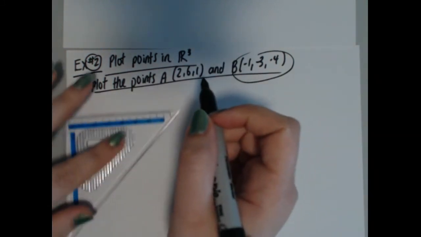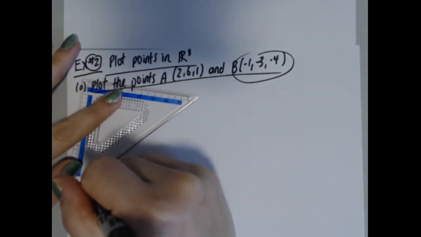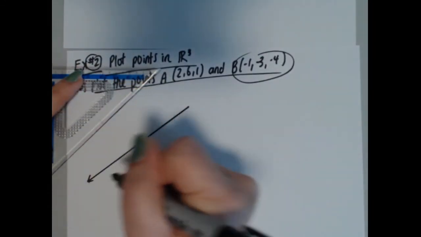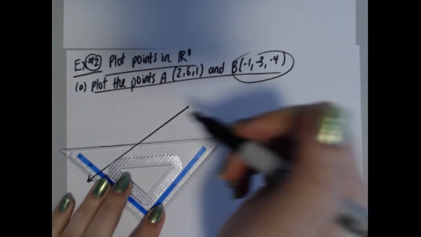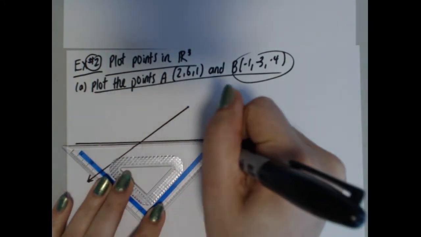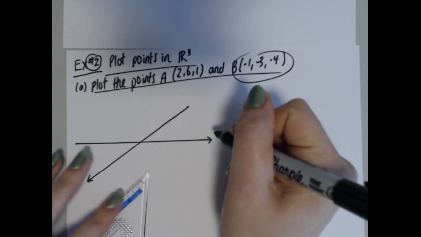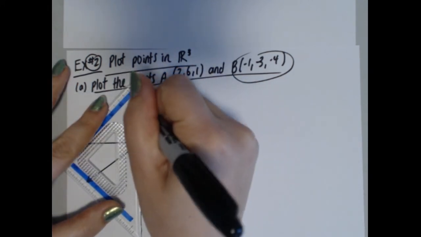So I'm going to sketch my octants here. Okay, so there's X. Y is going to cut that in the middle. And Z is going to be up and down.